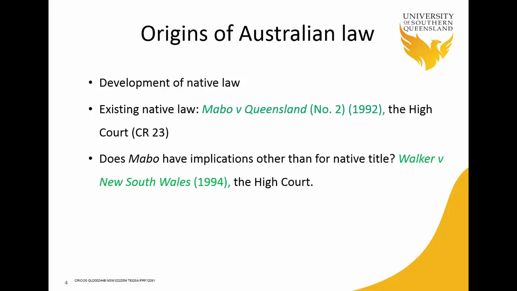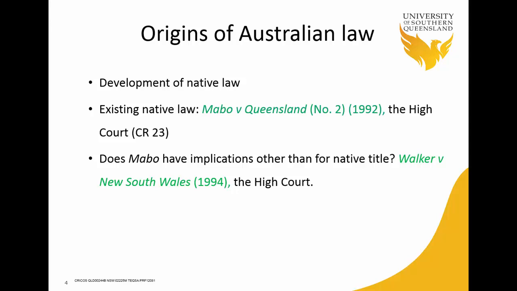The Chief Justice of the High Court, Chief Justice Mason, found that even if the customary criminal law had survived English settlement, it had been extinguished. So the Aboriginal criminal law had been extinguished by the criminal legislation passed by the states and territories. The exciting question here really is the following.